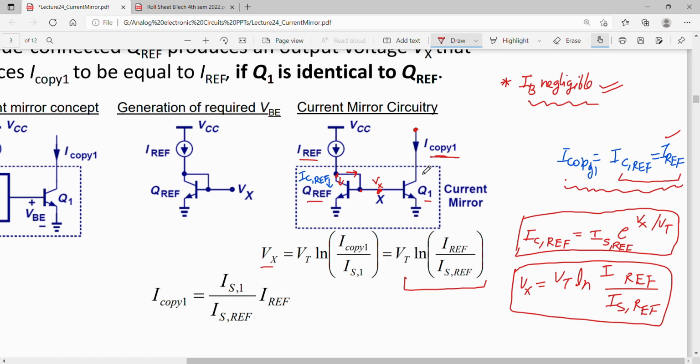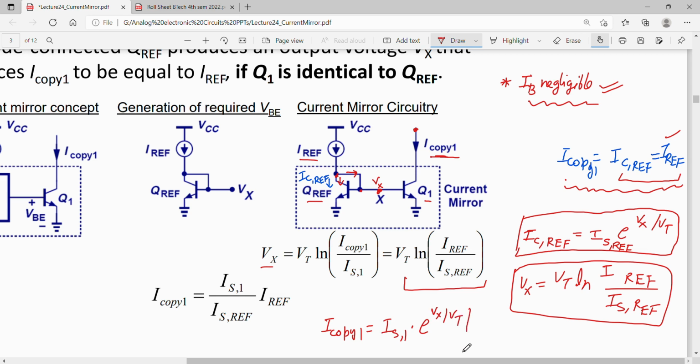Similarly, I can write I copy 1, that is the collector current through this Q1 transistor, by using the same diode equation for this transistor. Okay. So from here I can write I copy 1 is equal to IS of transistor 1 multiplied by e to the power Vx by Vt.